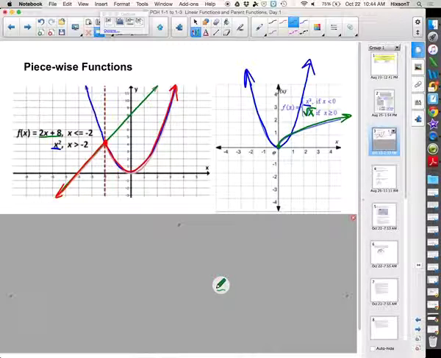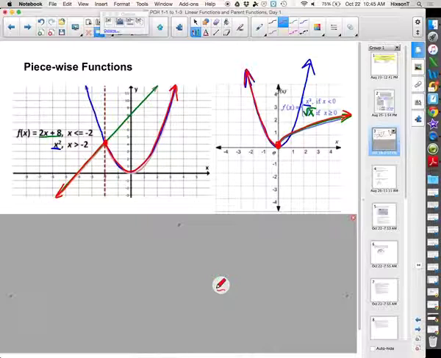But this piecewise function is saying follow the x squared until you get to 0, and before you hit 0, switch over to the square root of x. So square root of x happens to hit 0, 0 as well, and now we're going to follow it instead. Okay? So that's the idea with the piecewise function.